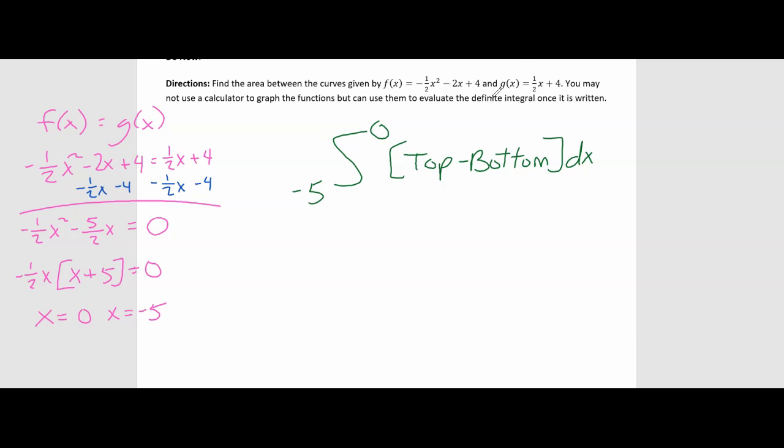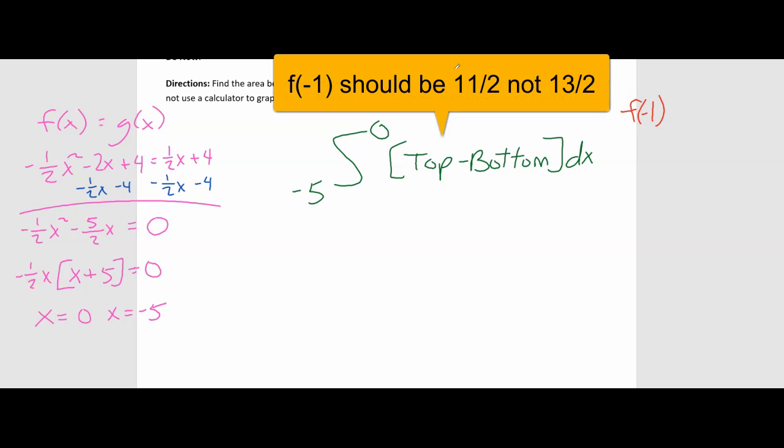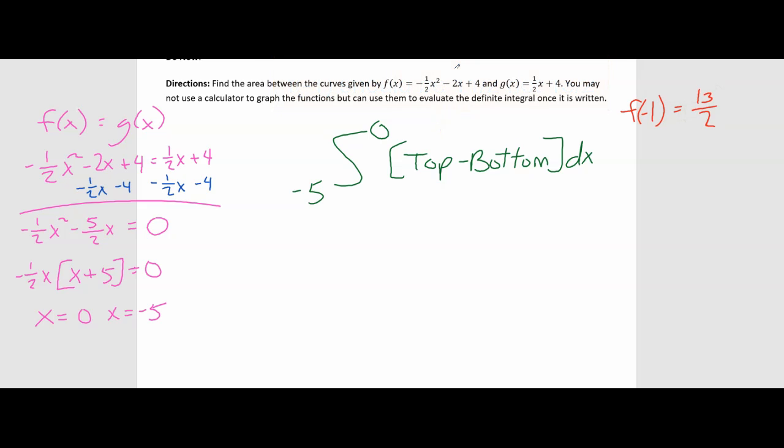Let's choose negative 1. I'm not going to write all this out, but f of negative 1 would end up giving me 13/2 or 6.5. And again, you can do that in a calculator, that's fine, or you can do it by hand. g of negative 1 would end up giving me 7/2. So that now tells us that f of x is our top function, g of x is our bottom.